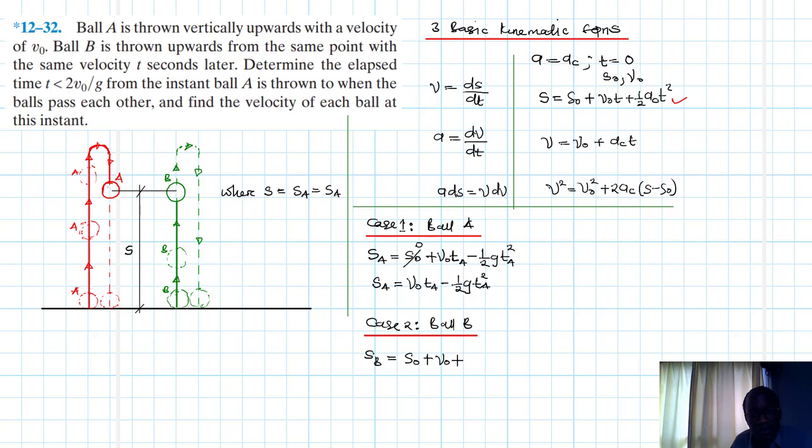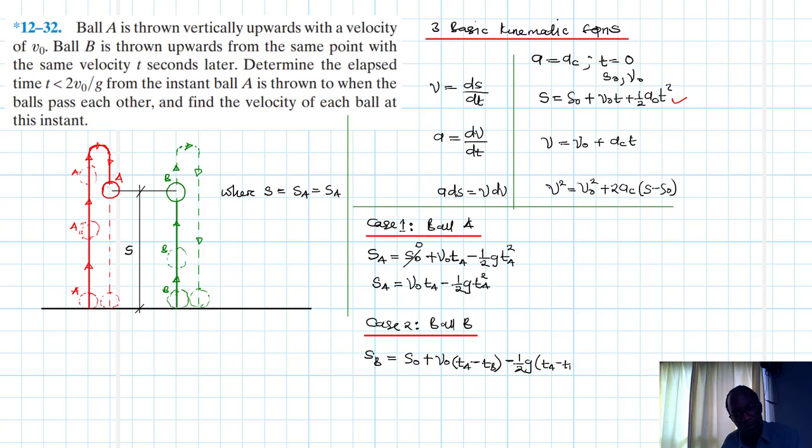And then since there is a time in between when the ball was thrown, we'll say TA, to account for that, we need to get the difference, right? Minus TB, like so. Then minus, because gravity is negative, half G, and then we have TA minus TB.